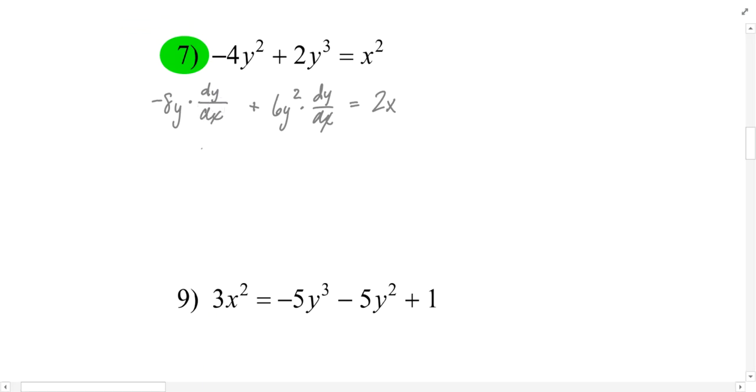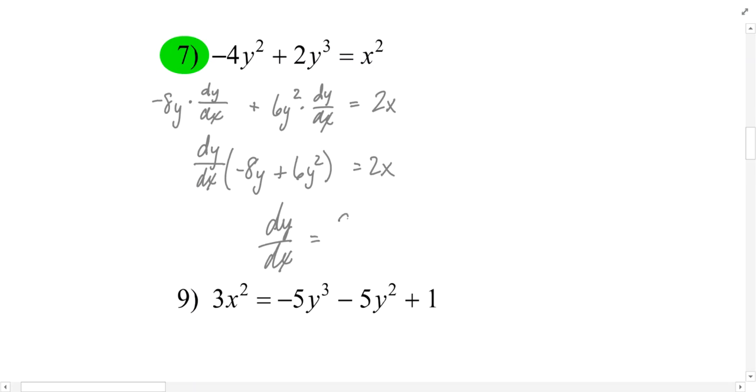Now dy dx does act as a common factor, so we've got dy dx factored out of the terms negative 8y and 6y squared. So ultimately, when we need dy dx, we're left with 2x divided by negative 8y plus 6y squared.